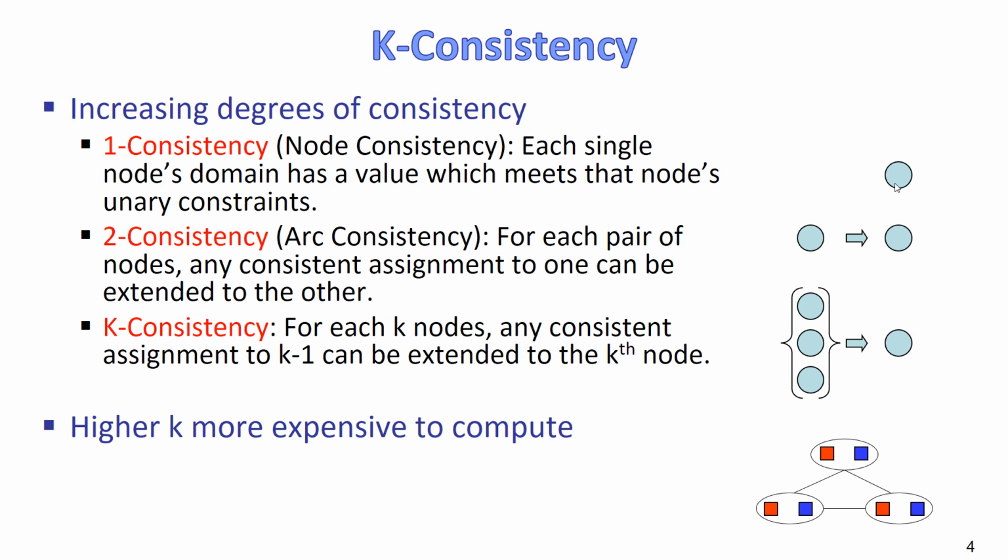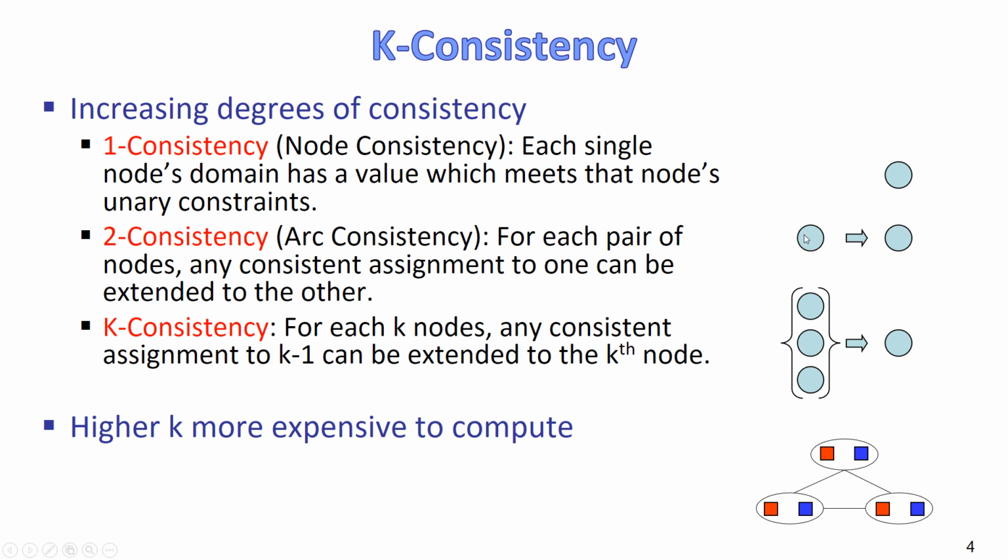Now, two consistency is exactly what we discussed as arc consistency before, but here the definition is a bit different, and it will allow us to extend the definition to higher order nodes. So two consistency defined this way is the following. For each pair of nodes, any consistent assignment to one can be extended to the other.